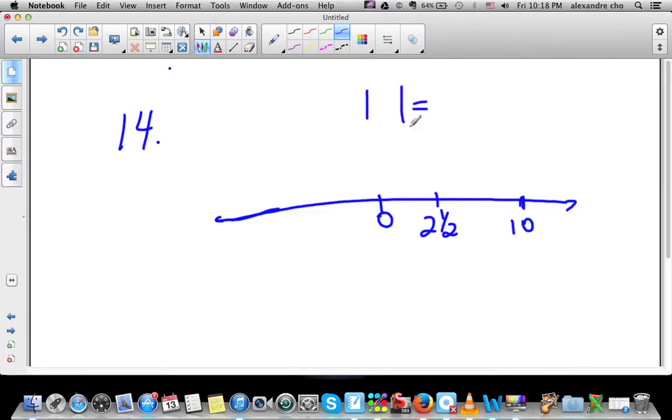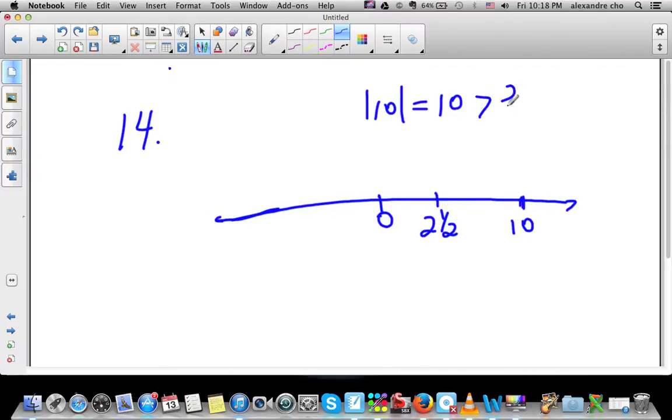10. The absolute value of 10 is 10, so 10 has an absolute value that is greater than 2.5.